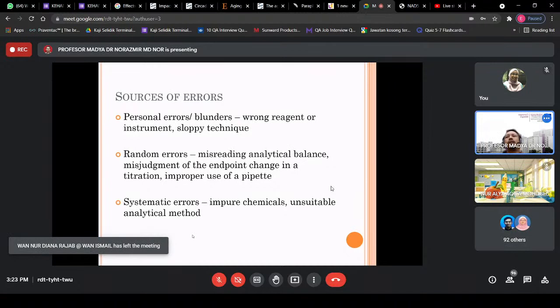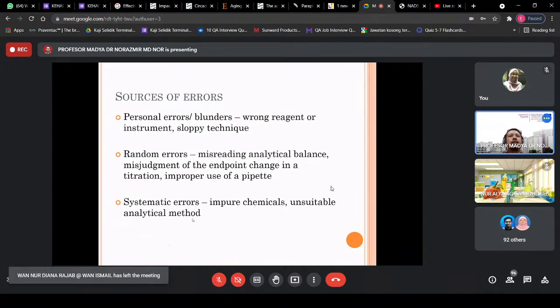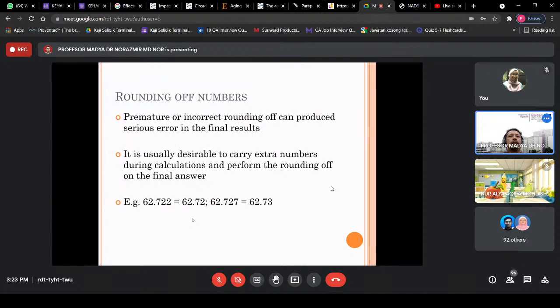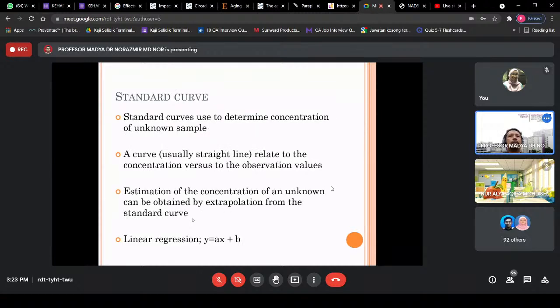What is the source of the error? Sometimes it is personal error, random error, or systematic error. So rounding of numbers normally in a lab is only to 2 decimal points. So we must round up the numbers.